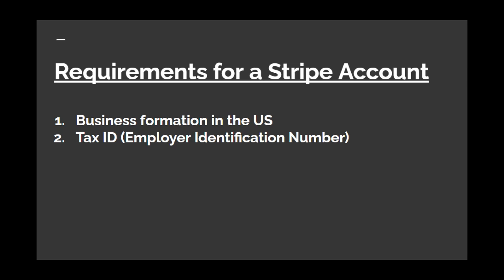The EIN is the employer identification number. You cannot get this without a business or a limited liability company that has been formed in the United States. So once you've formed a US company, the next step is to get the tax ID. And once you have the EIN, you will be able to create a Stripe account.